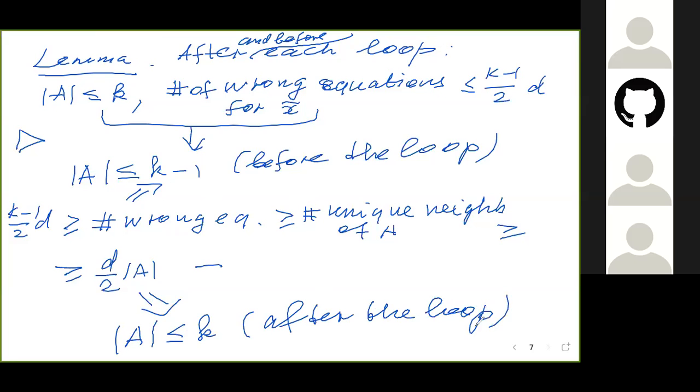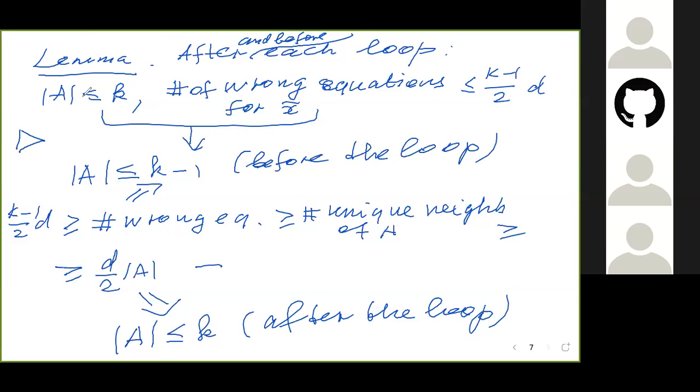So you see that knowing that A has at most k nodes and the number of wrong equations is at most (k minus 1) over 2 times d before the loop implies that actually A is at most k minus 1 before the loop, and that implies that it is at most k after the loop. Good.